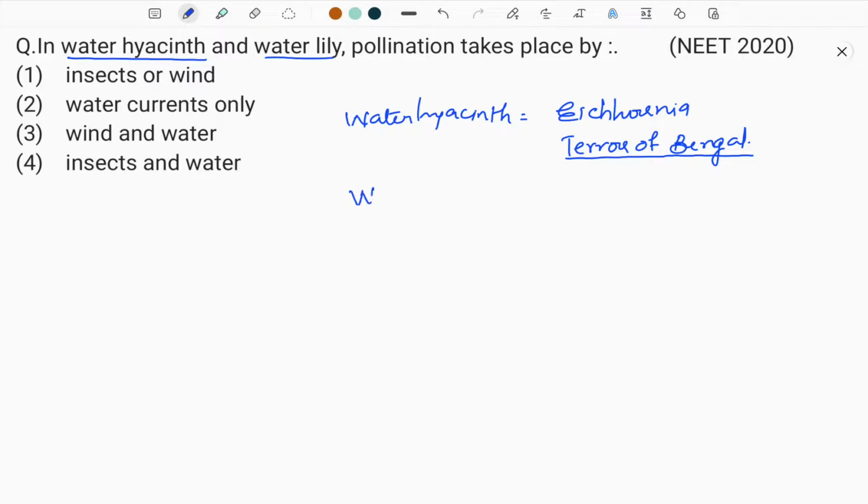Another is water lily. Water lily has beautiful flowers in water bodies. It's botanically called Nymphaea.